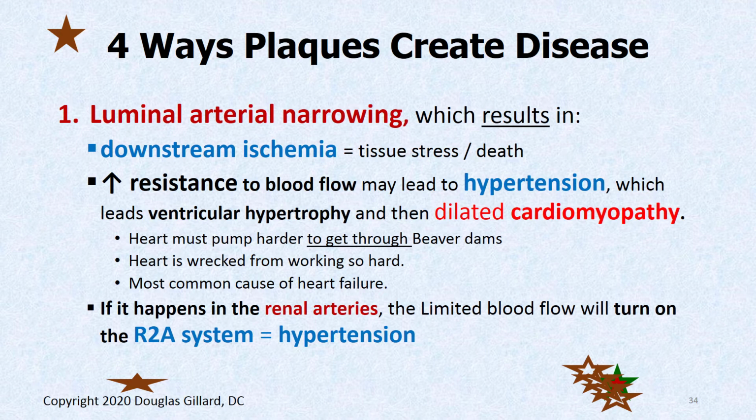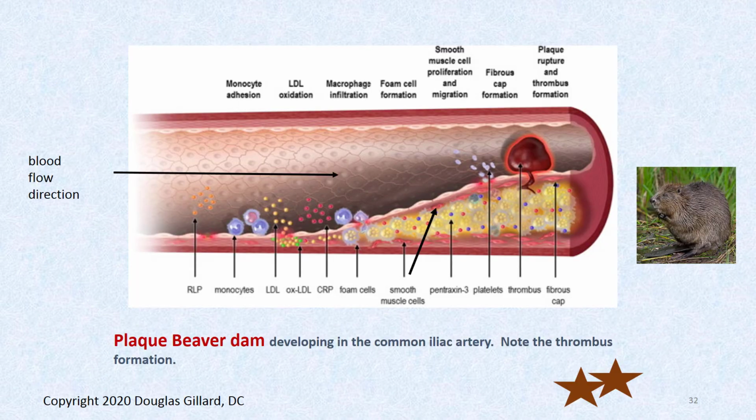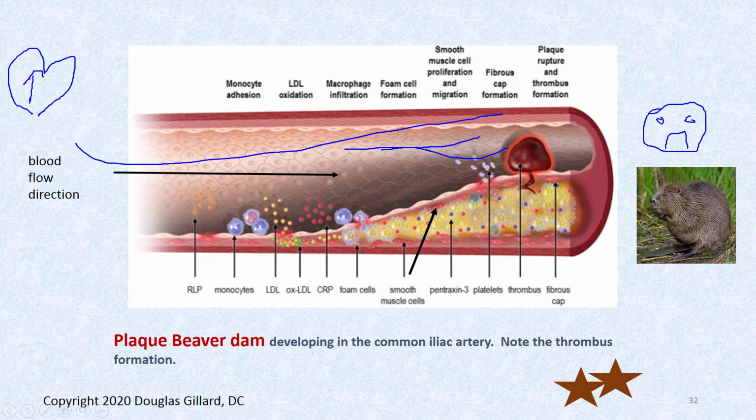And then, let's go back to this. You have your heart up here. There's your heart, sensing that the tissue down here is ischemic. It's not happy. It needs oxygen. So the heart is going to increase its power of contraction, try to force more blood through here to make this happy, but it's going to wreck the heart. The heart can't keep doing that forever.